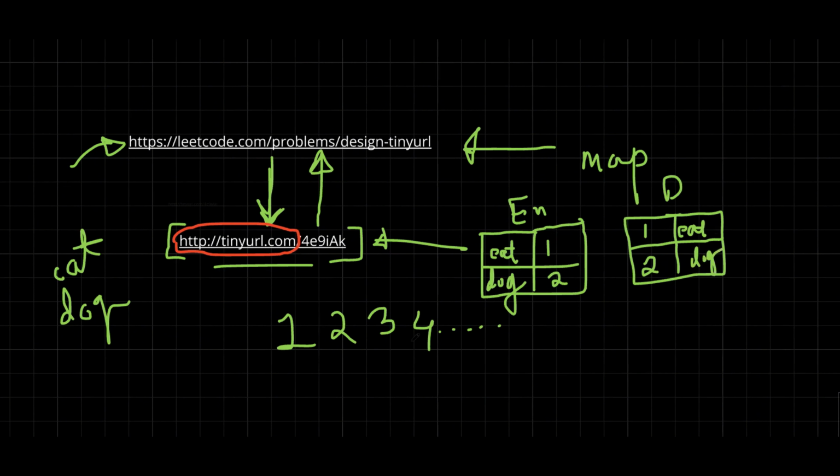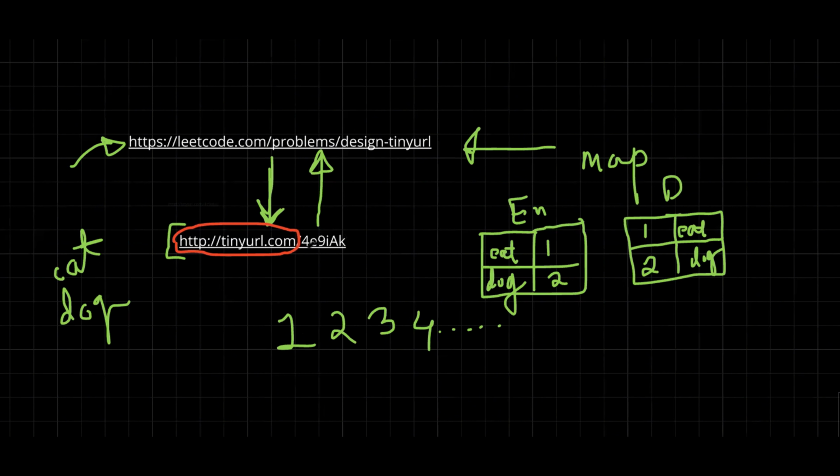Now, suppose our URL is something like this. Suppose our URL has cat in it. So the base URL, let's erase some of the stuff here.